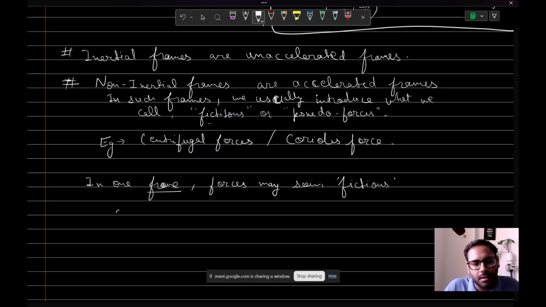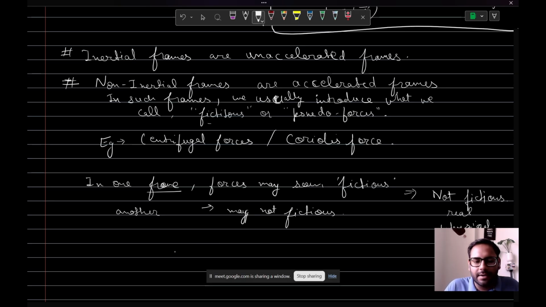But in another frame, it may not be fictitious. If you can define a fictitious force in other frames, then it is not fictitious. Of course, it is applying on you. It is real, physical.